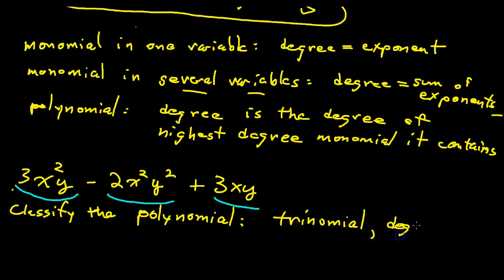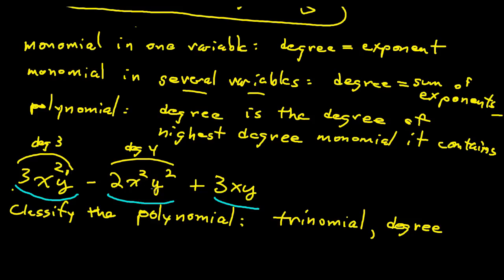And then we'll ask, what degree is it? Well, this first term has degree 3. That's a degree 3 monomial. When there's more than one variable in a monomial, you add the exponents. Don't forget about the invisible 1 on the y. This term is degree 4 in that monomial.